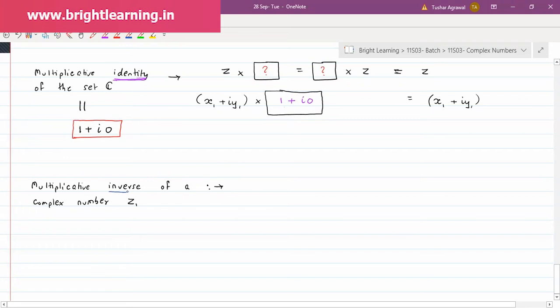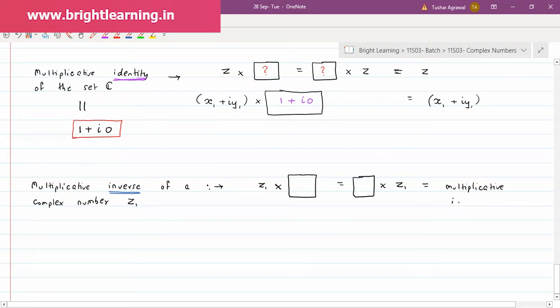With respect to multiplication you are defining, no? So Z1 multiplied by, find a suitable complex number which when multiplied by the number that you picked up, the answer should be the multiplicative identity. The operation that you're performing, its inverse you're taking, inverse with respect to multiplication.